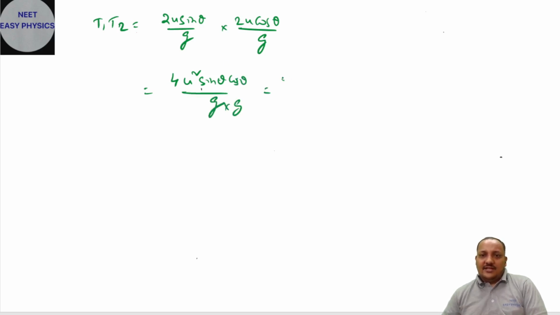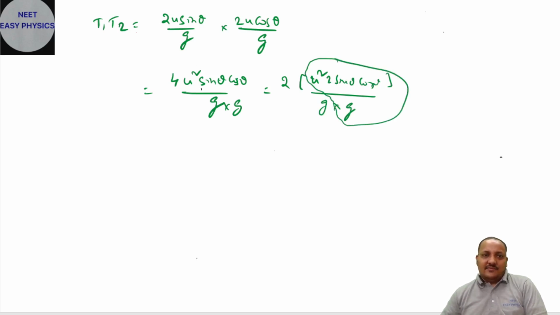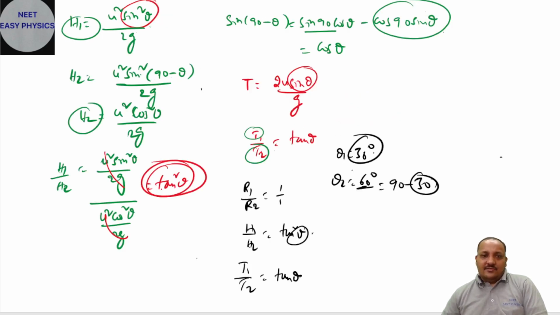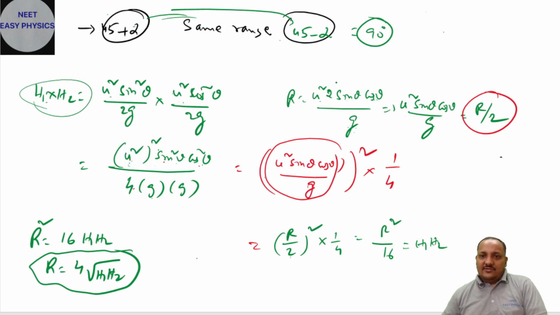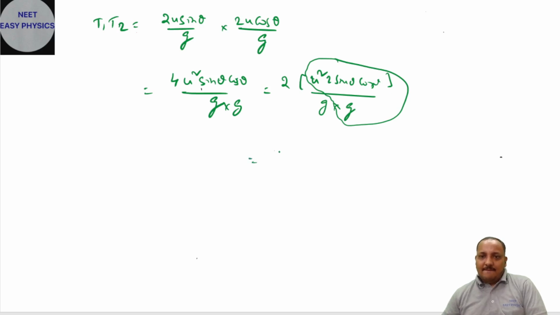If you rearrange, 2 times u square 2 sin theta cos theta divided by g into g. In place of u square 2 sin theta cos theta by g, you can write capital R. So 2 by g into capital R, this is T1 T2.